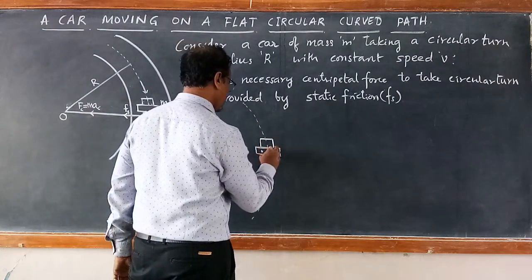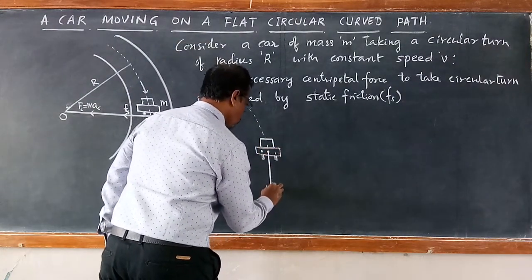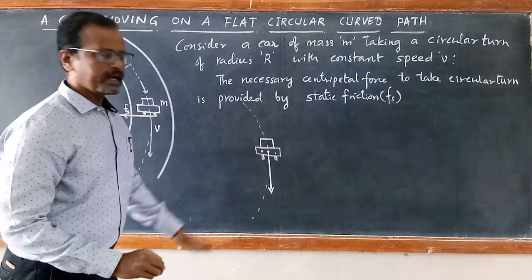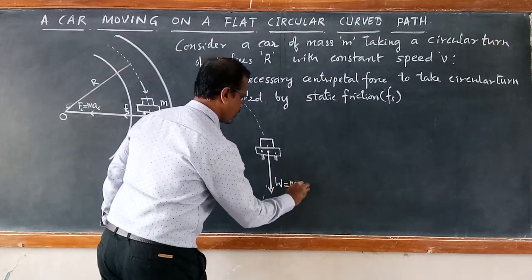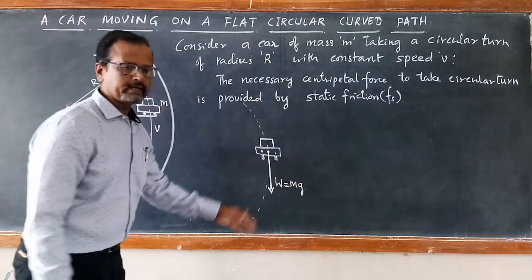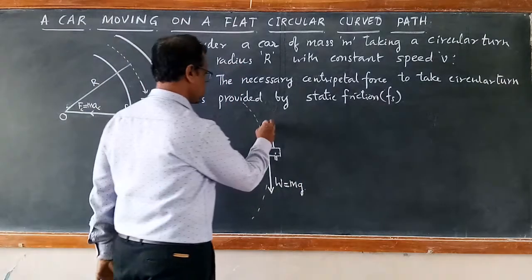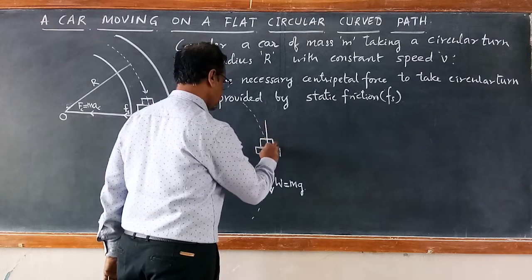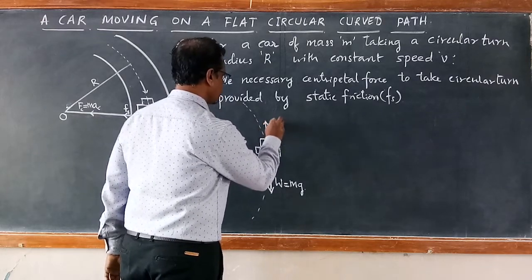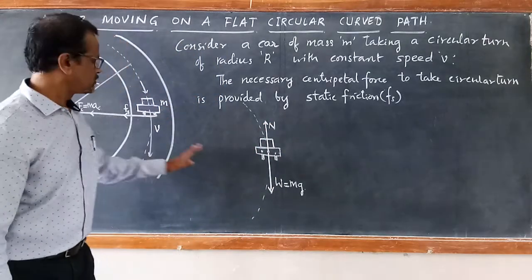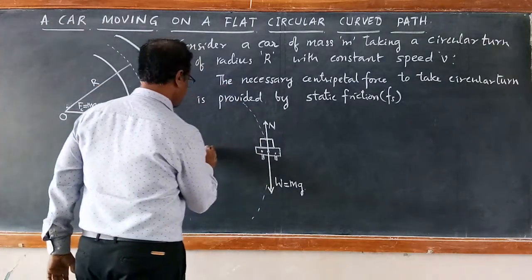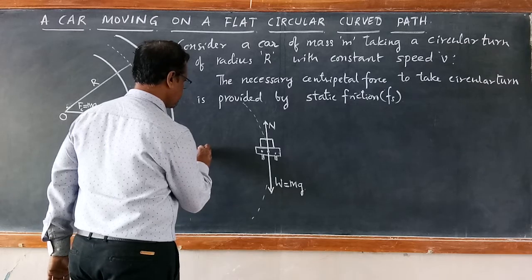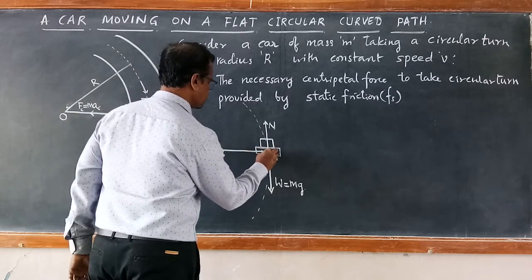Draw one direction to show its weight. Weight is equal to mass into acceleration due to gravity, acting vertically downwards. This is exactly balanced by the normal reaction, the normal force, which is normal to the road surface, and the centripetal force is provided by the force towards the center.